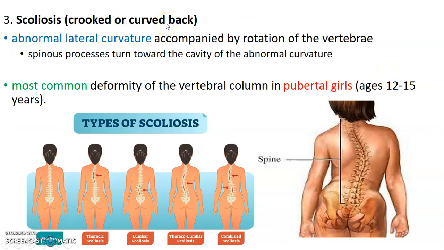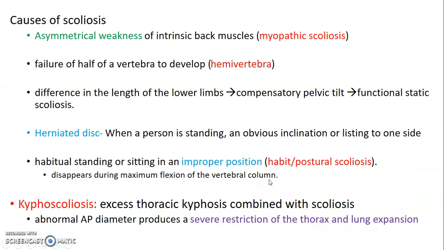Scoliosis is when the back is crooked or curved laterally, okay? It's usually accompanied by rotation of the vertebra, and the spinous processes turn towards that lateral curvature. Mostly we see it in pubertal girls, and there are different stages or locations of scoliosis. You can have a thoracic scoliosis, a lumbar scoliosis, or both combined thoracic and lumbar scoliosis.